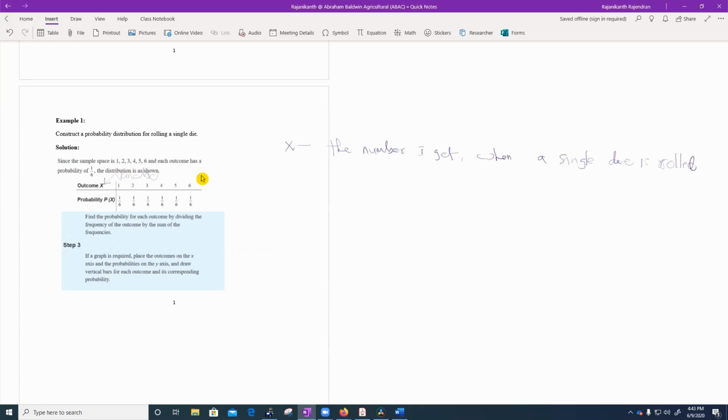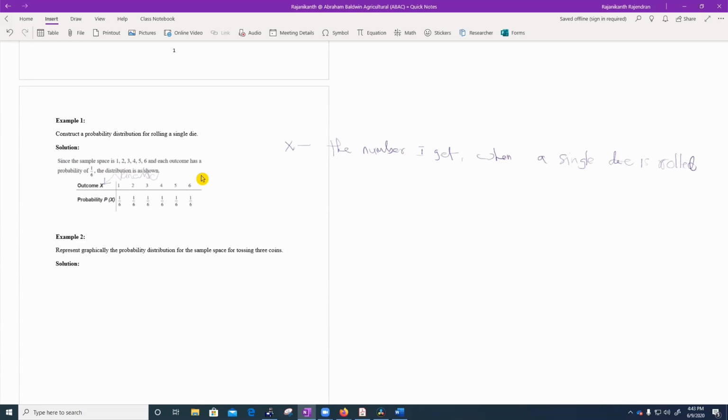Okay, after listing all the possible values for your variable x, now find out each probability for these variable values. In other words, what is the probability of getting number 1 when a single die is rolled? We know that is only 1 out of 6 chances. In a similar way, I could find all the corresponding probabilities. These events are now equally likely events, right?